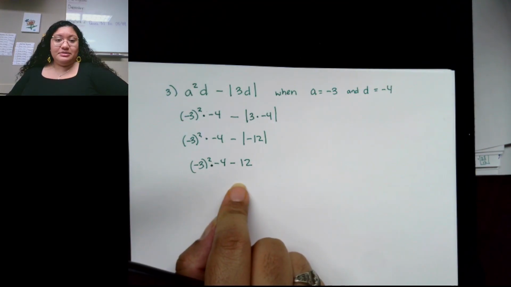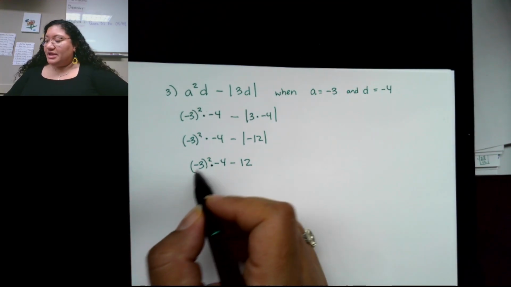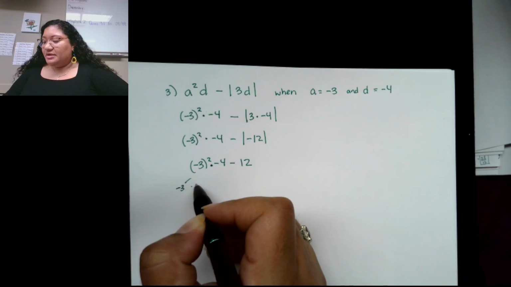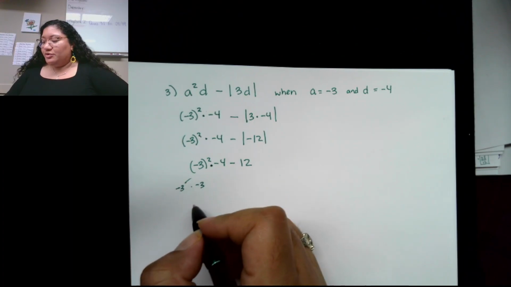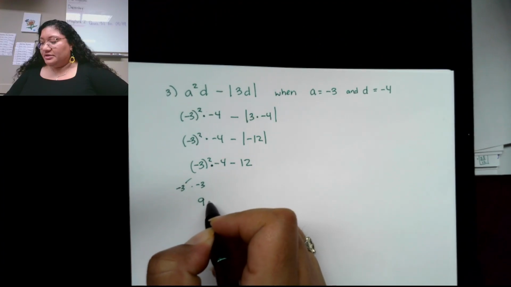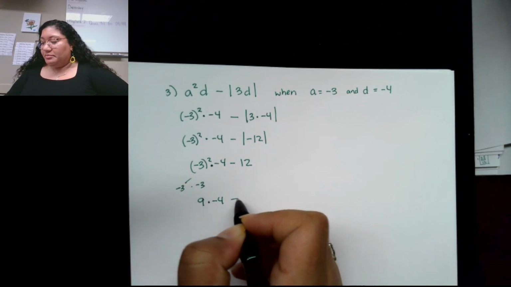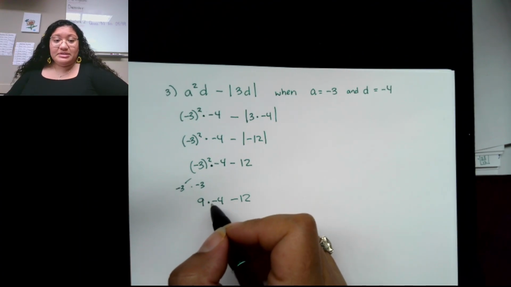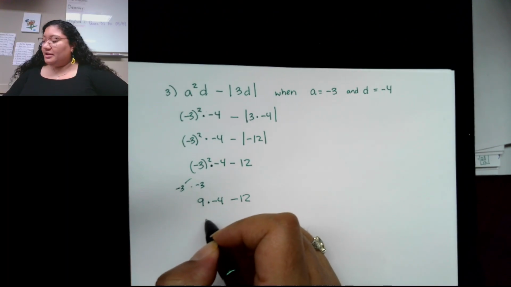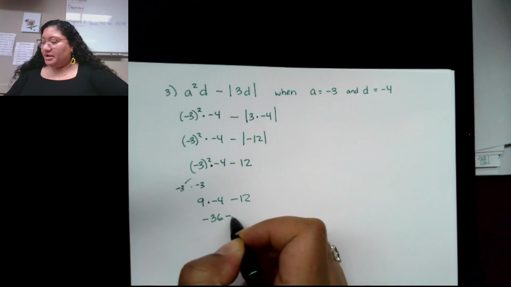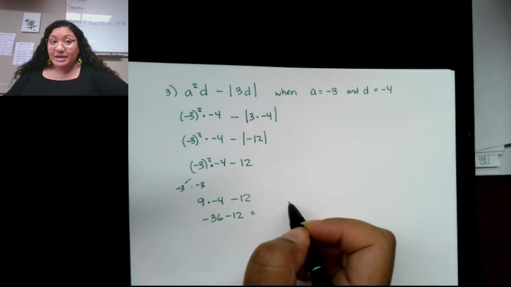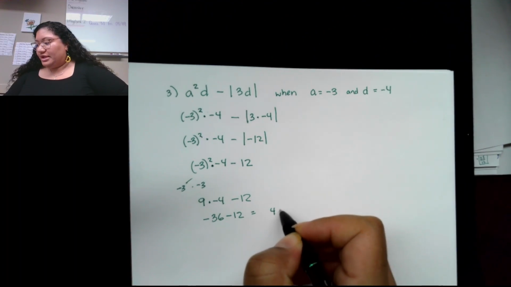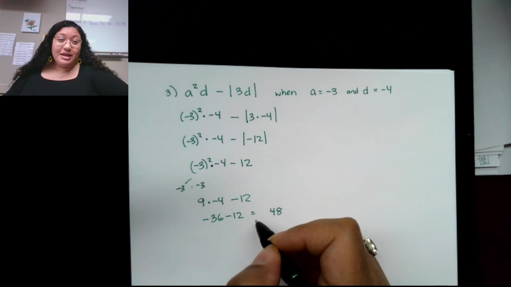Now what do I do next? Now I do the exponent. So this is -3 times -3, which gives me positive 9 times -4 minus 12. Now I do multiplication. What's 9 times -4? -36 minus 12. They are the same sign, so what do we do? I add the numbers. I get 48, and then I just can't forget that it has a negative sign.